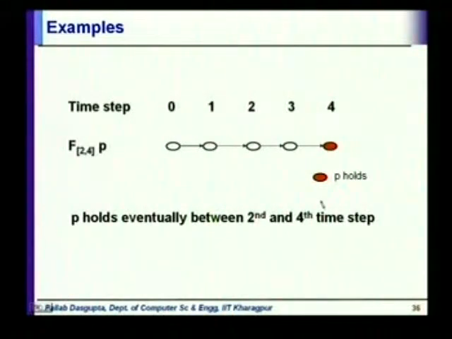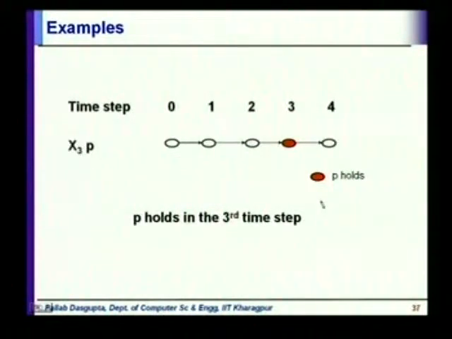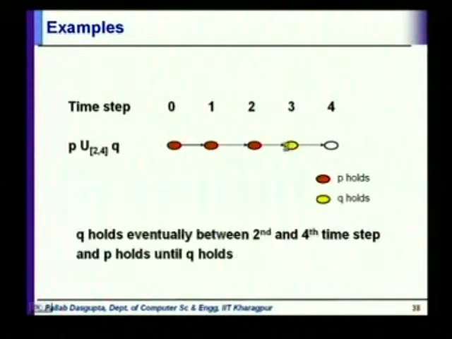X 3 P, it holds in the third cycle. P U 2,4 Q, so Q holds in the third time step. So 3 is between 2 and 4, and then P holds in all states preceding that state.